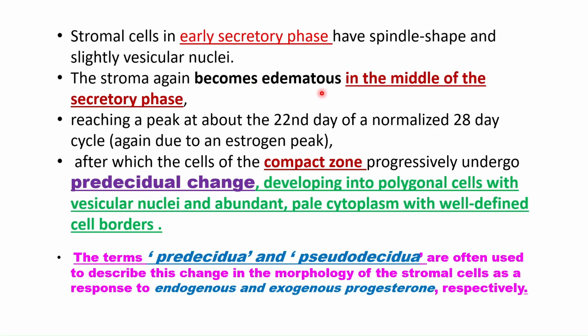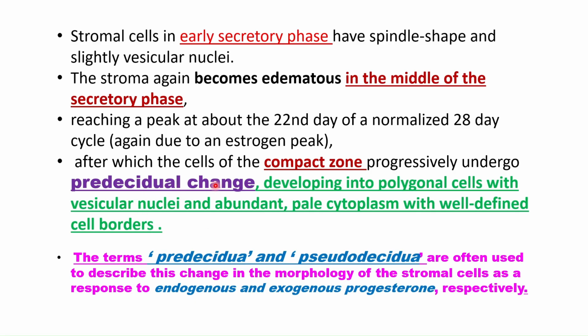Stroma again becomes edematous in the middle of the secretory phase, reaching a peak at about the 22nd day of a normalized 28-day cycle, after which the cells of the compact zone progressively undergo pre-decidual change. There is development into polygonal cells with vesicular nuclei, abundant pale cytoplasm with well-defined cell borders.